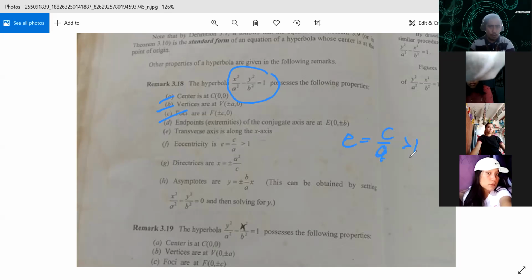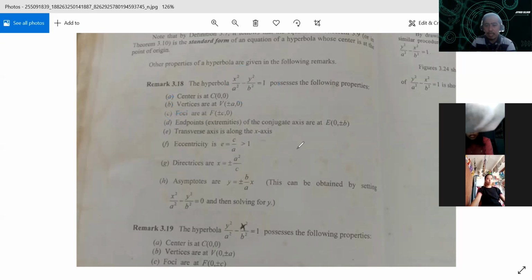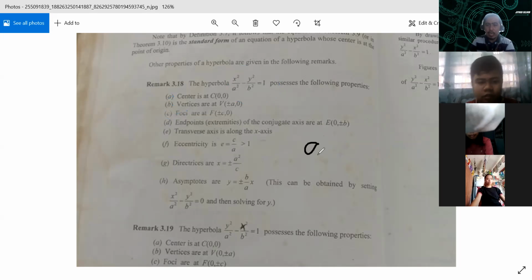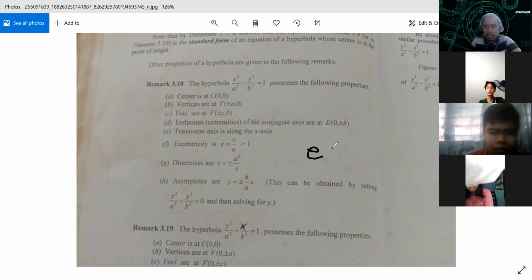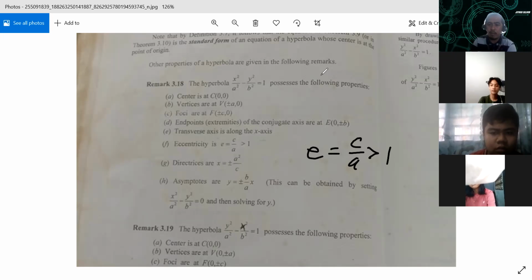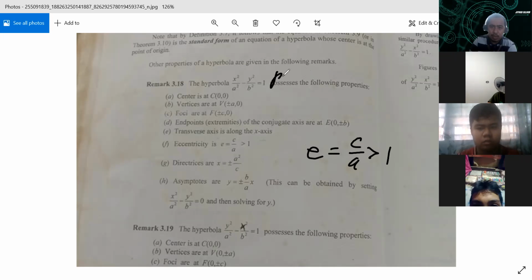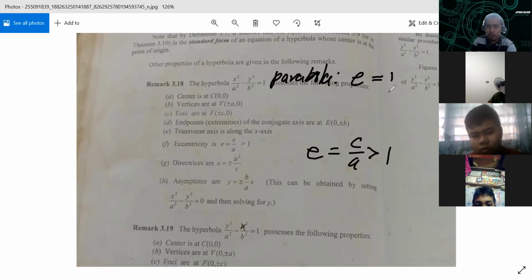What do you remember for the ellipse? The eccentricity of the ellipse, class? Less than 1. In the hyperbola, the eccentricity c over a must be greater than 1. Okay? In the parabola, the eccentricity e must be equal to 1.